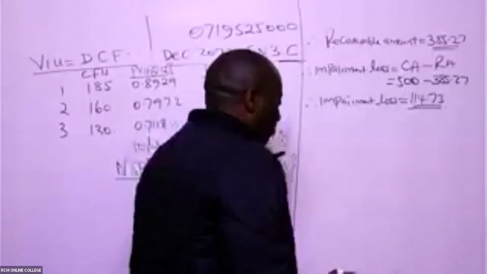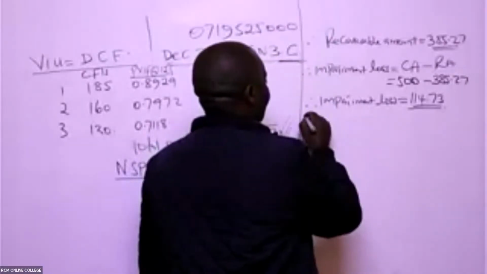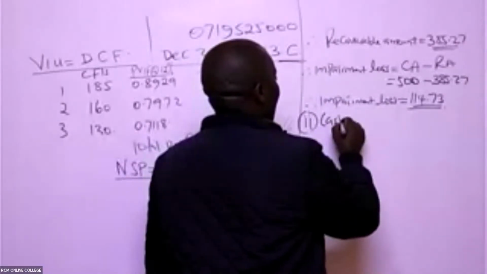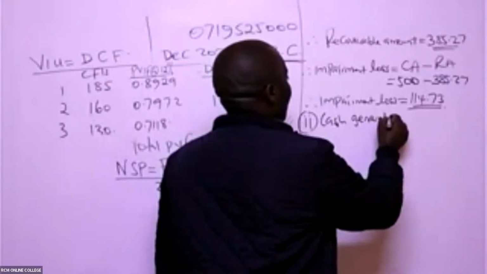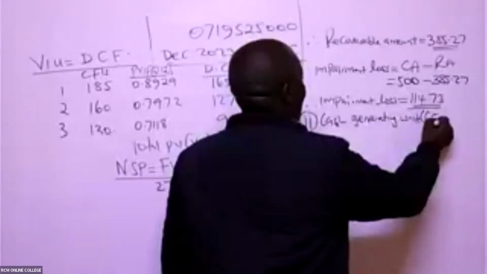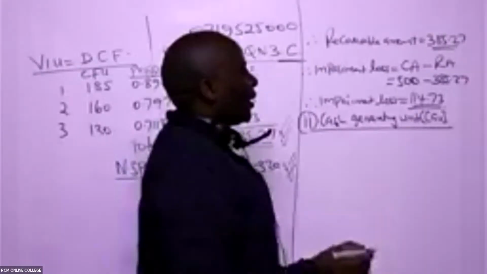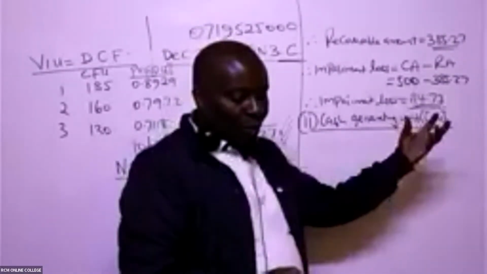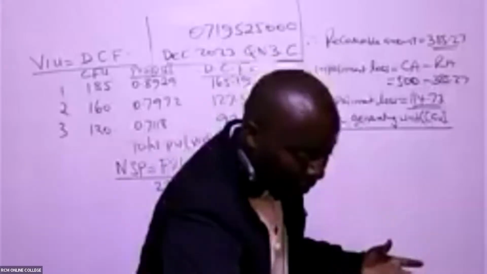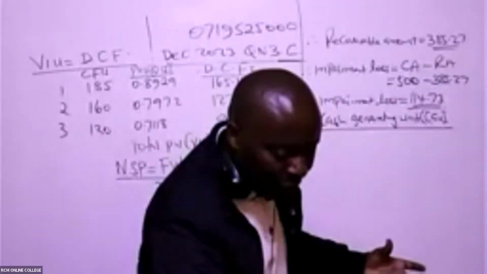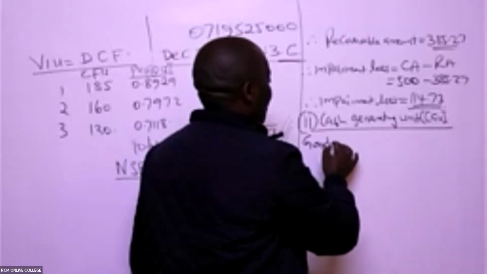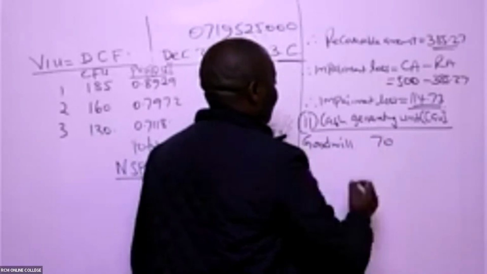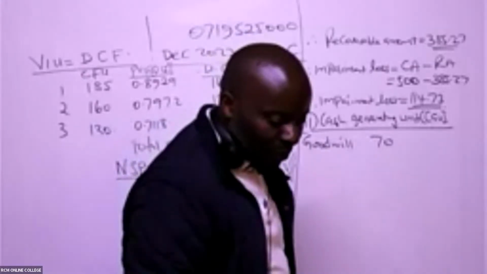So in this case, of course, we have what we call a cash generating unit, a CGU, and then they have given us a block impairment loss. We have 3 assets basically here. Which ones are these? We have goodwill of 70 bob.